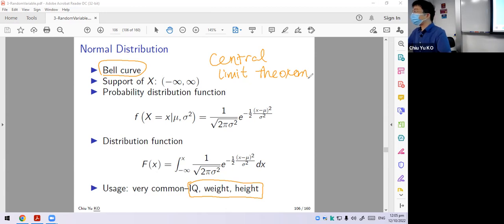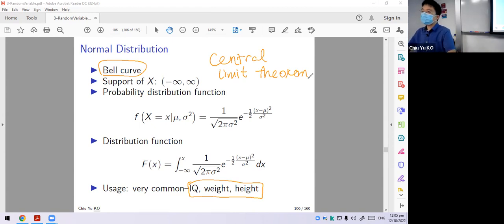Let me repeat the statement: when we talk about the mean of any type of random variable, you end up with a normal. You can imagine IQ is the average effect of everything. And that's actually why we study the bell curve in our class.